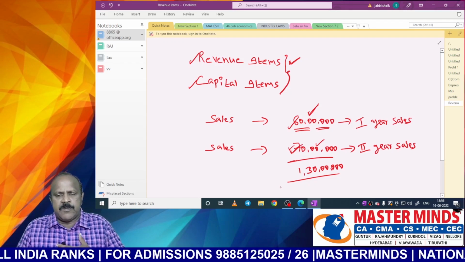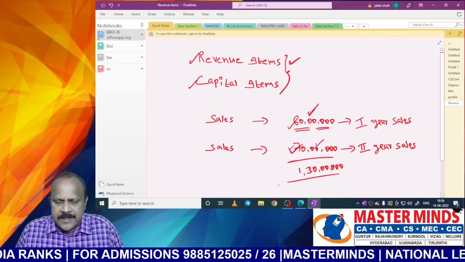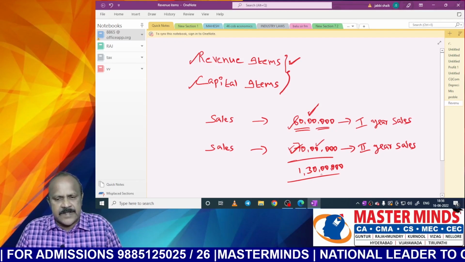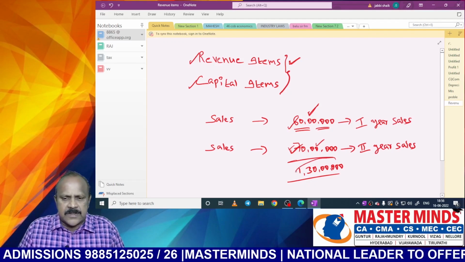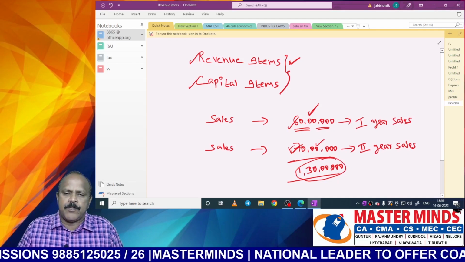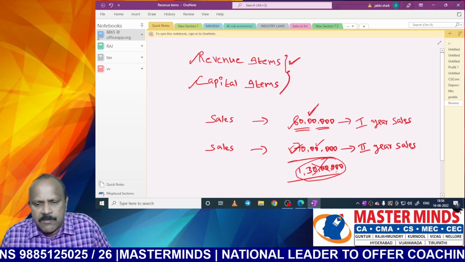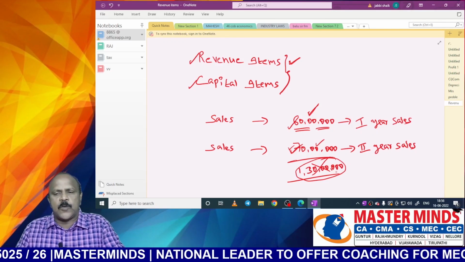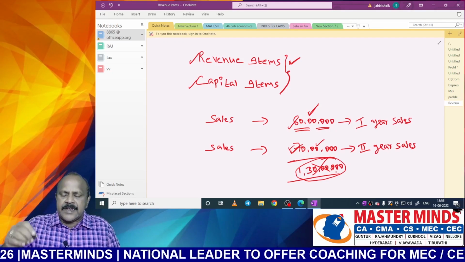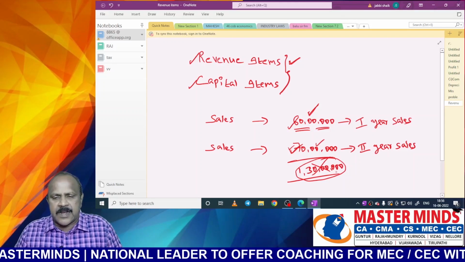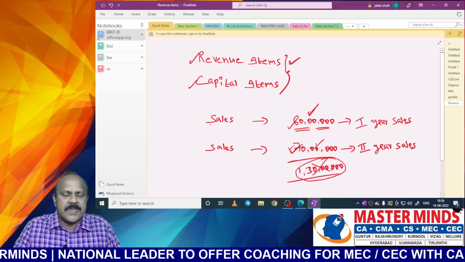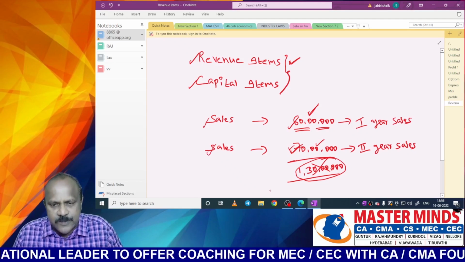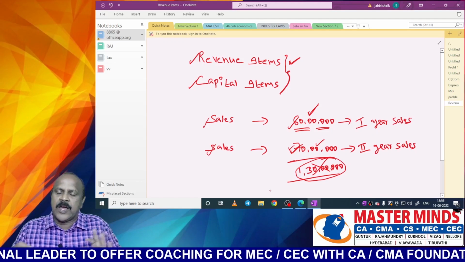When we are asked about sales, it is 60 lakhs for the first year and 70 lakhs for the second year, but we should not answer in a cumulative way. By this, we can understand that first year sales is confined to first year itself, second year sales is confined to second year itself. By this, sales is a revenue item. Is it okay, students? Sales is a revenue item.